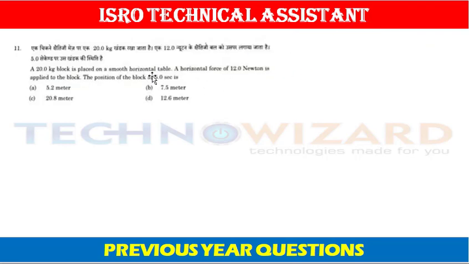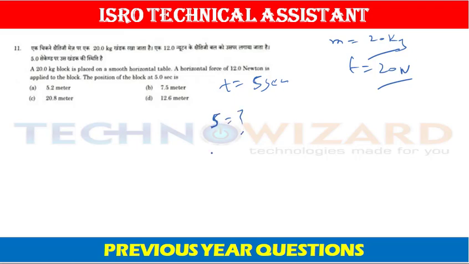Next question. A 20 kg block is placed, that is, mass is given to us as 20 kg. A horizontal force of 20 Newton is applied to the block. What is the position of the block at 5 seconds, that is, time equal to 5 seconds? We have to find the position of the block, that is the distance, s equal to what? From here we know that F is equal to mass into acceleration.